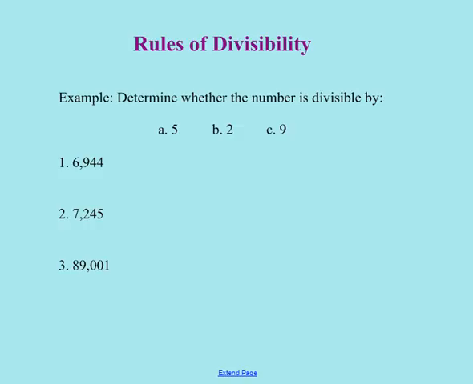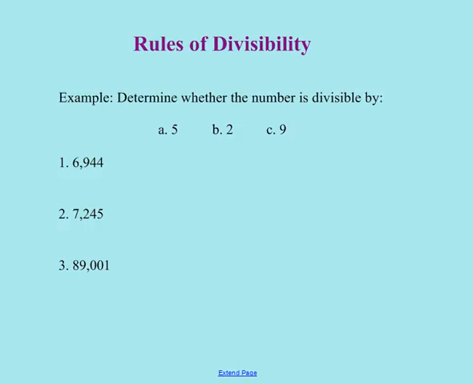Let's put our rules of divisibility to work. We're going to determine if each of these numbers is divisible by 5, 2, and 9. Let's start with number 1, 6,944. Is that divisible by 5? No, of course it's not.